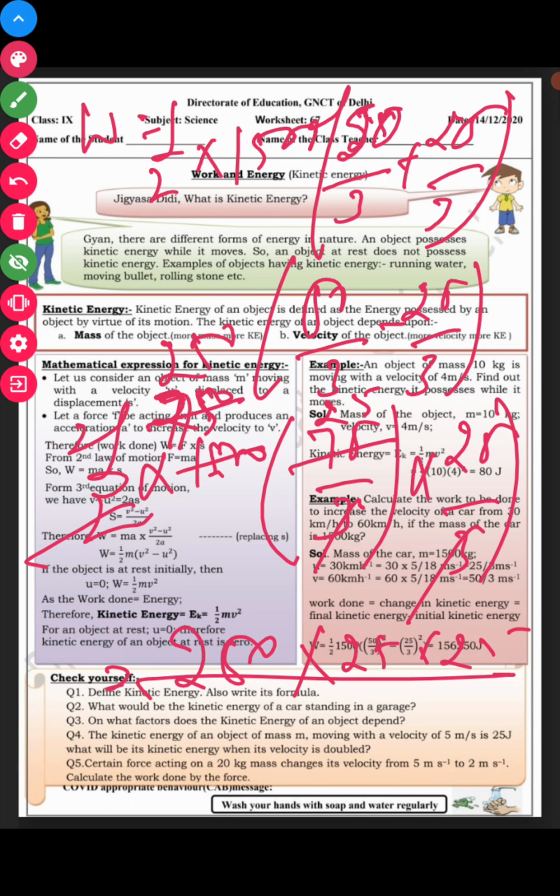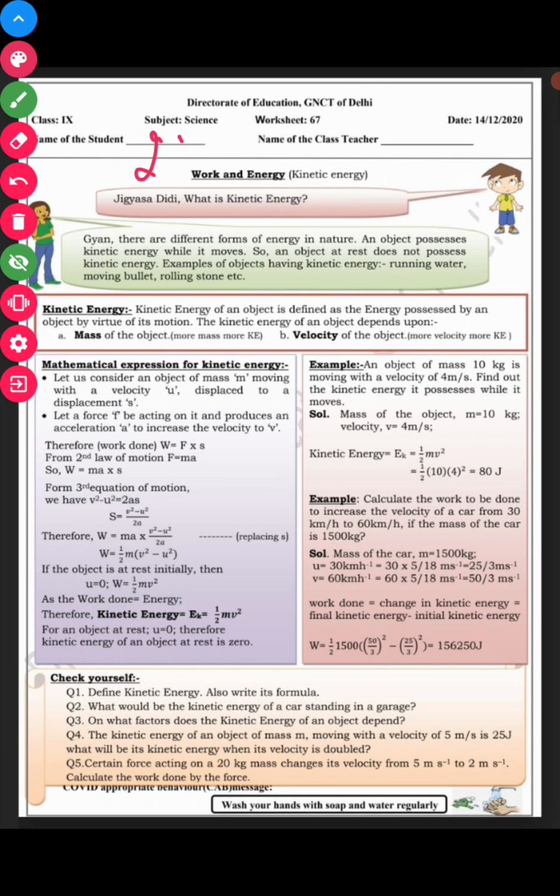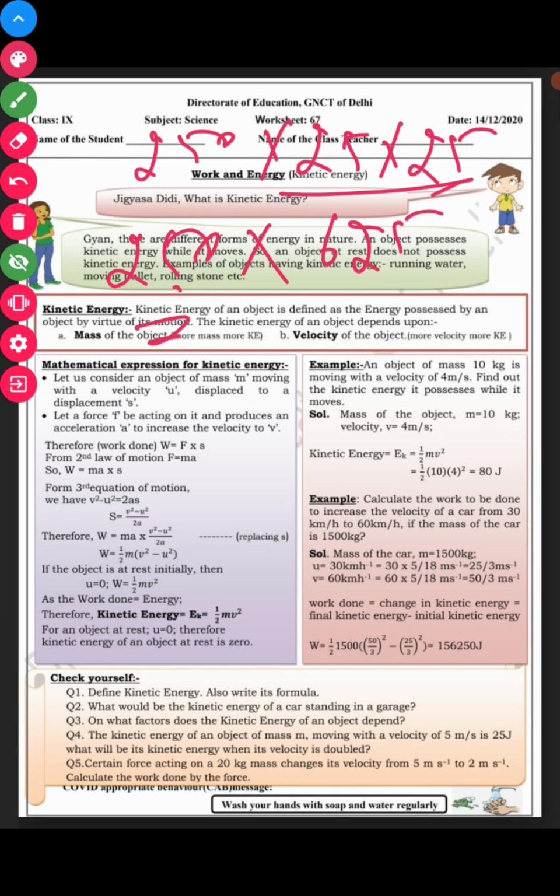If you multiply all these values, that is 250 into 625. If you multiply these two values, you will get 6250 joule. So this will be your answer. So these are the examples.